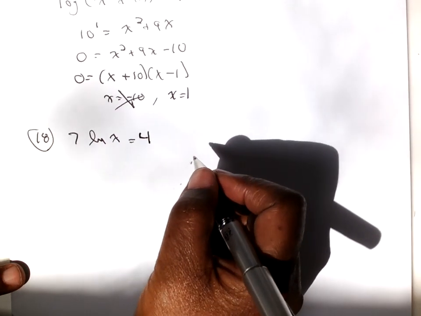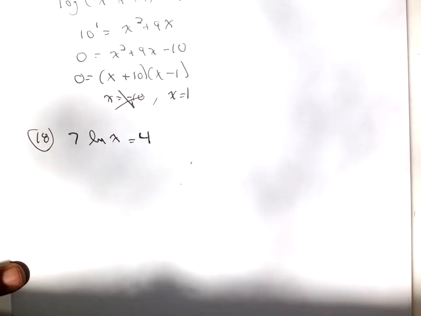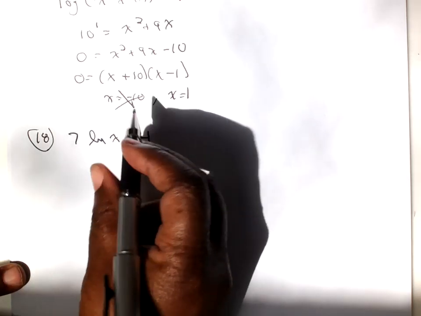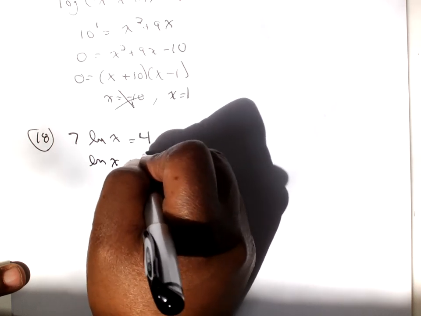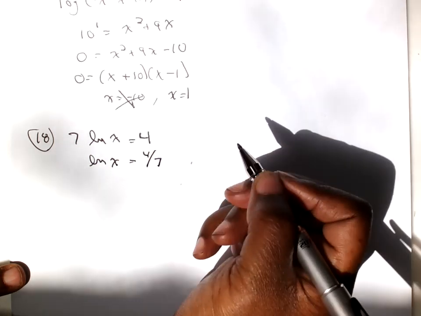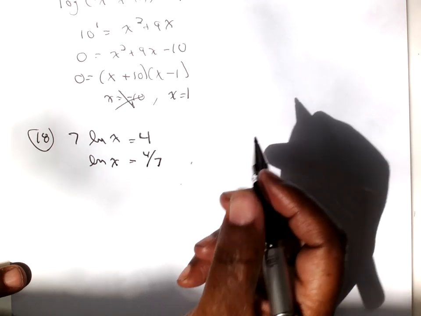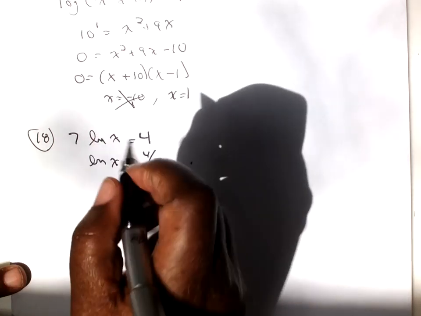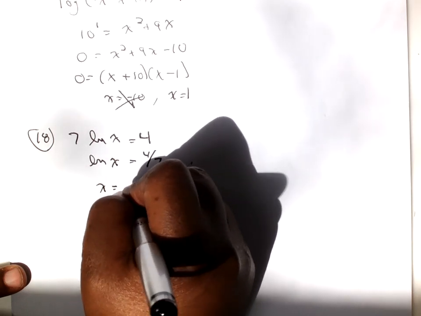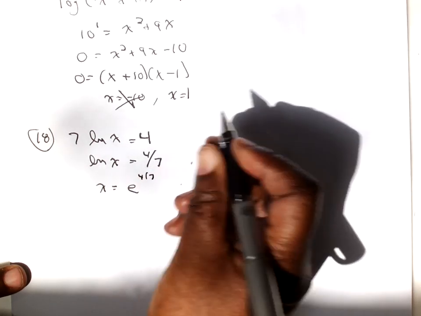For number 18, we have 7 times the natural log of x is equal to 4. So I'm going to divide both sides by that 7. I get ln of x is equal to 4 over 7. And now I can rewrite it. Because it's ln, the base is e. So x is going to equal e to the 4/7 power.